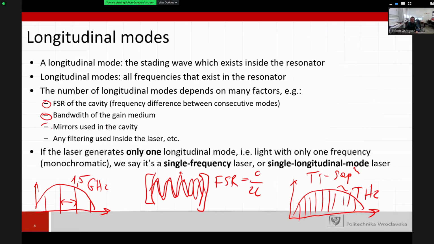Of course, this can also be limited by the mirrors of the resonator or any kind of filtering. So if the laser is generating one longitudinal mode, then we can say that the laser is a single frequency laser or a single longitudinal mode laser. But this is a very special case where there is only one frequency emitted by the laser, which means that there is only one standing wave inside the resonator.